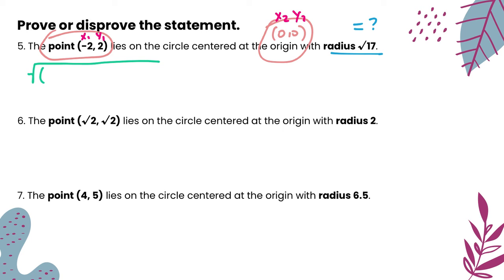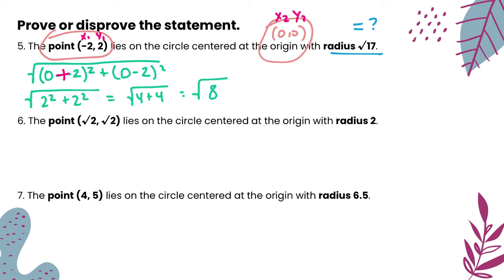So we're going to have 0 minus negative 2 squared plus 0 minus 2 squared. That negative negative becomes positive. So I will then have 2 squared plus 2 squared, which is going to be 4 plus 4.